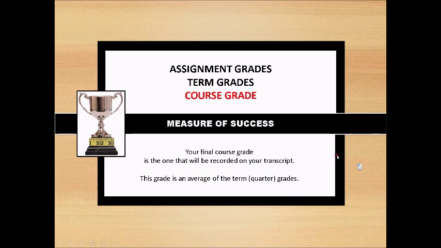Your final course grade, the semester grade, the one that will be recorded on your transcript, is an average of the term grades. In other words, the two quarters will be given equal weight. If you get a 90% first quarter and an 80% second quarter, your course grade will be 85%.